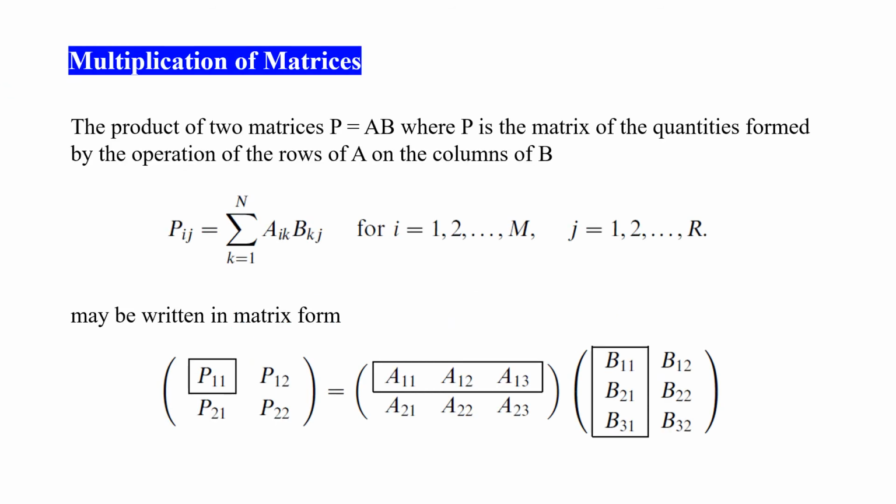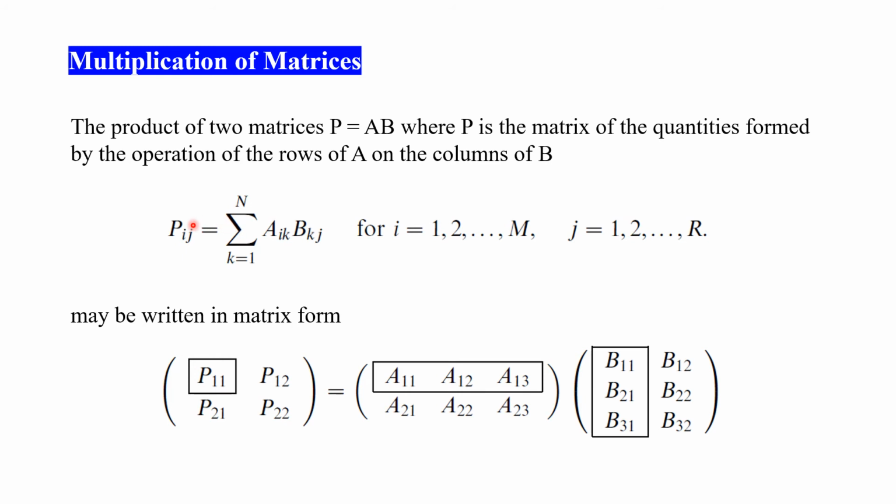Now we discuss the multiplication of matrices. The product of two matrices, P, which is equal to A times B, where P is the matrix of the quantities formed by the operation of the rows of A on the columns of B. So you have here the operation on how you are going to do the multiplication of your matrices.